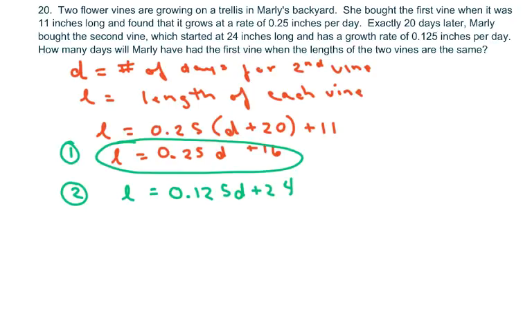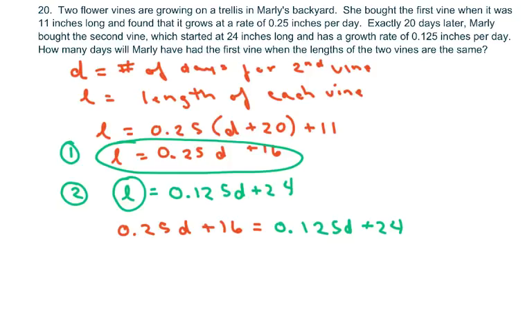Okay, so to determine when the lengths of the vines will be the same, we're going to set the two equations equal to each other and solve for d. So we have 0.25 d plus 16 equals our second equation, 0.125 d plus 24.